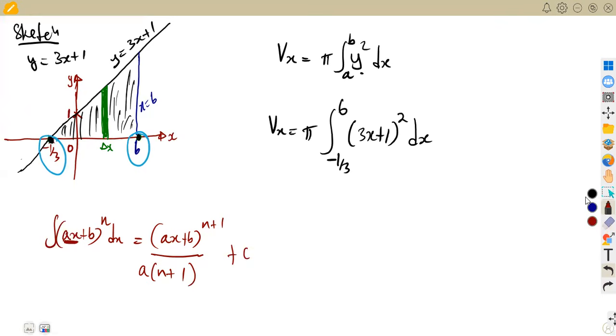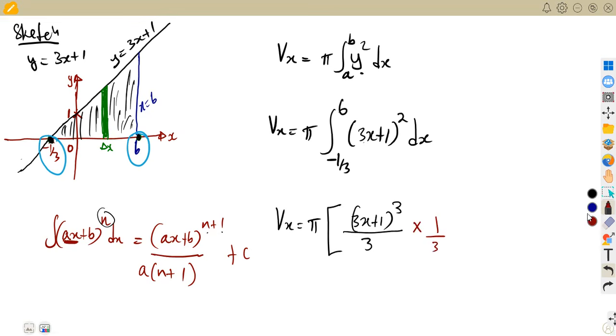So if you consider that integral, in short, we can see that Vx is going to be given as pi. Then we integrate this 3x plus 1. So it's going to be (3x plus 1) to the exponent, we add 1, just like n plus 1, which is going to be 3 over, we multiply the 3 that we got from the integral. But here we find the derivative of this. It was supposed to be 1 over a, which is 1 over 3.